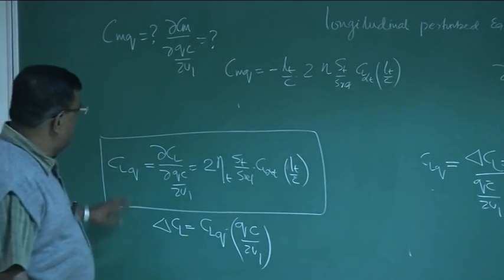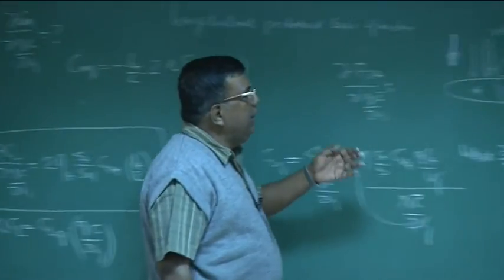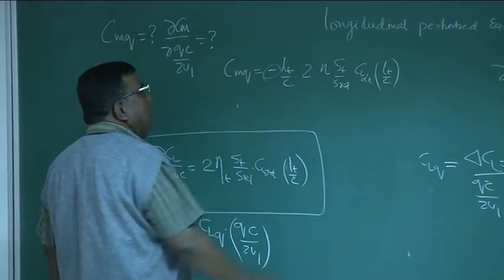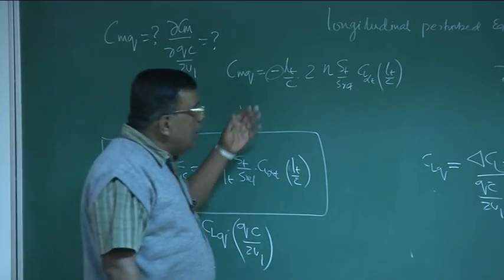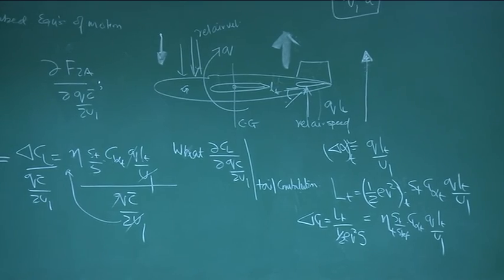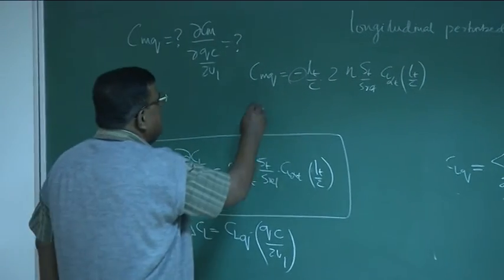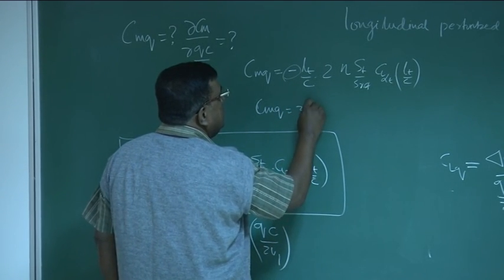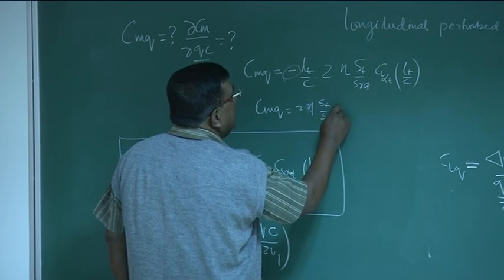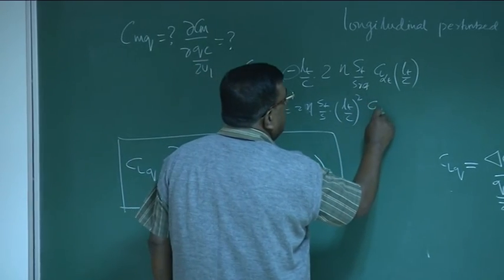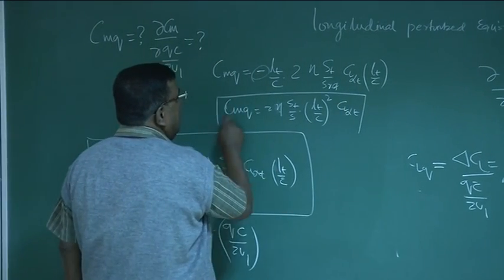Right? This is CLQ. If I want to find the moment, this delta L into LT will be the moment. But we have to ensure that I put a minus sign. Why put a minus sign? Because positive CL will give negative pitching moment, and sign conventions are from us. So you get an expression for CMQ as minus 2 eta ST by S into LT by c whole square into CL alpha tail.